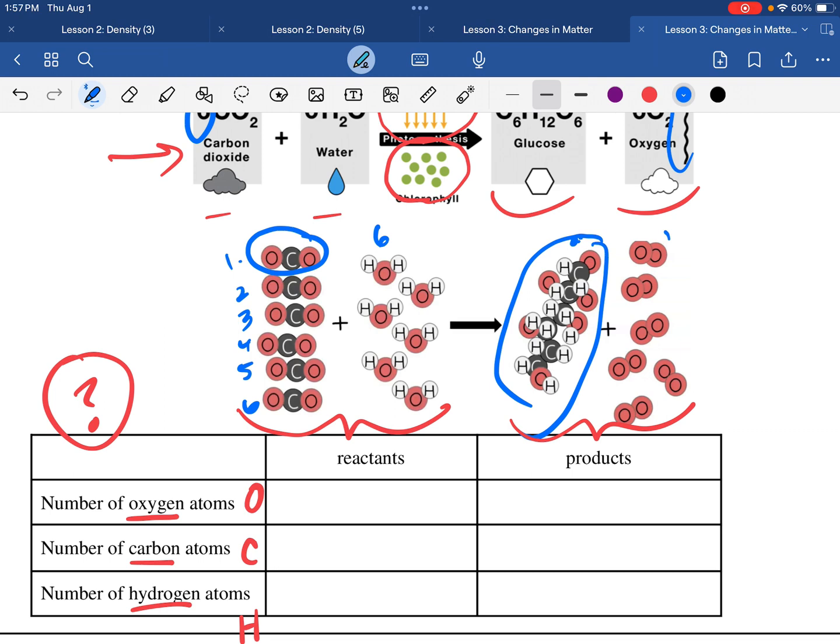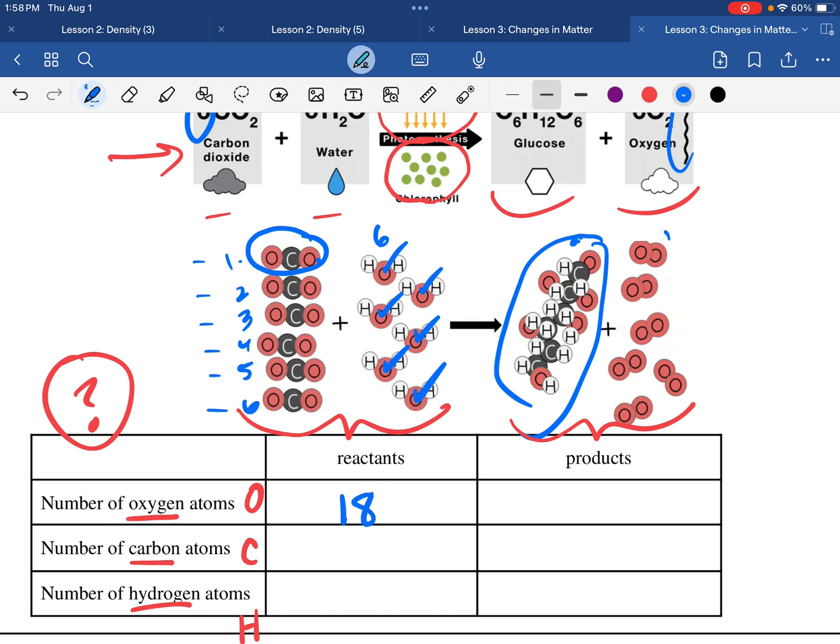So how many oxygen atoms are there? Well, we can count. There's 6 CO2 molecules, and they each have 2 atoms. So this will be 2, 4, 6, 8, 10, 12. And then in the water, we have 13, 14, 15, 16, 17, 18. 18 oxygen atoms.